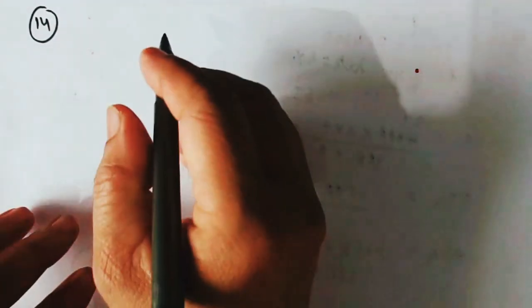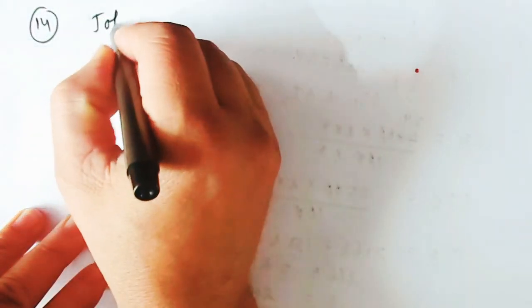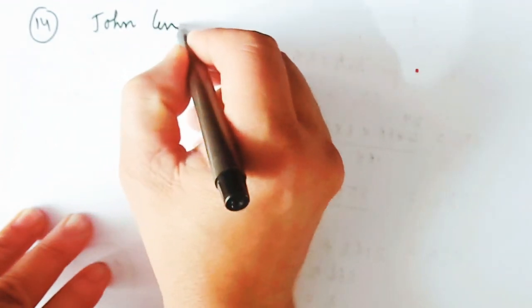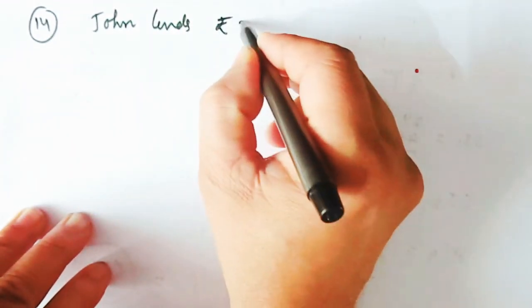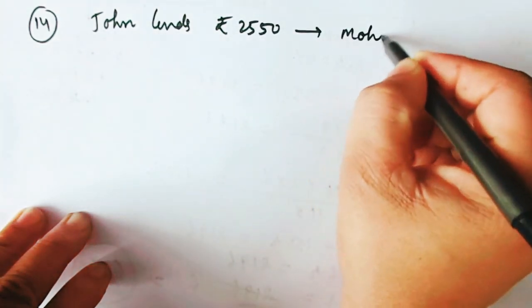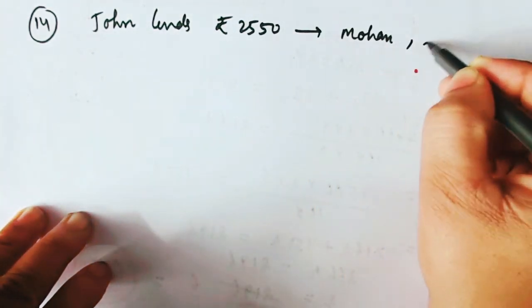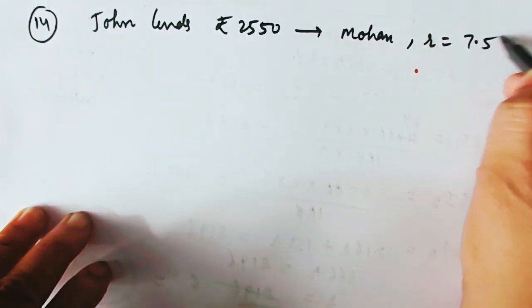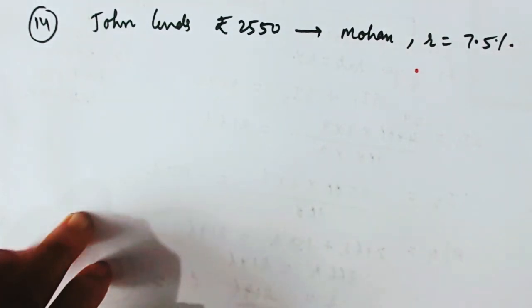Come on. So, in number 14, what do we have? In number 14, we have a simple sum. John lent rupees 2550 to Mohan at 7.5% per annum. So John lends rupees 2550 to Mohan at a rate of 7.5% per annum.